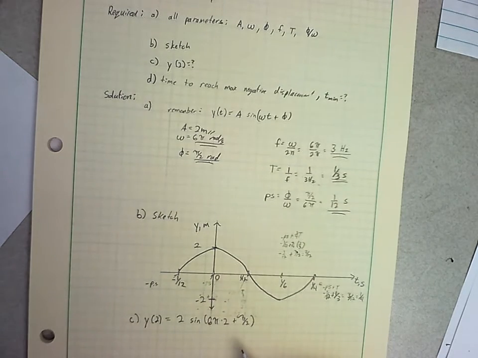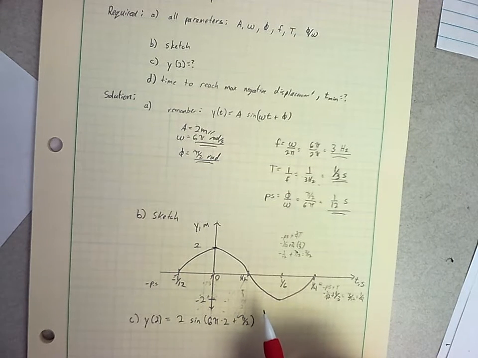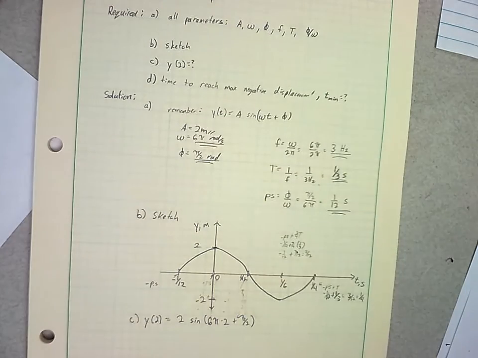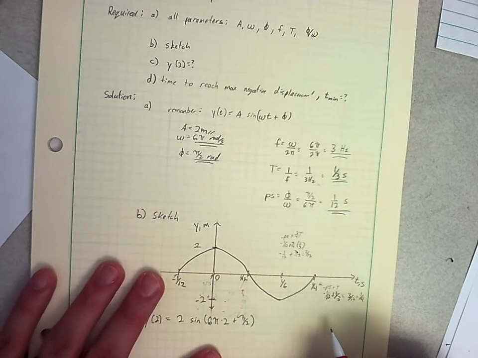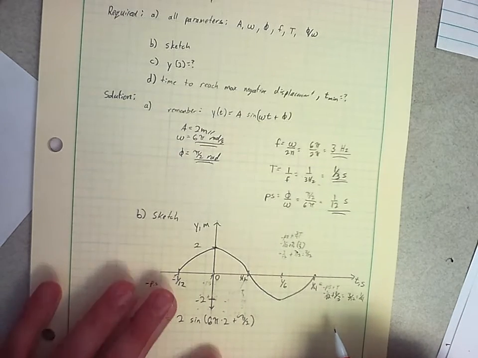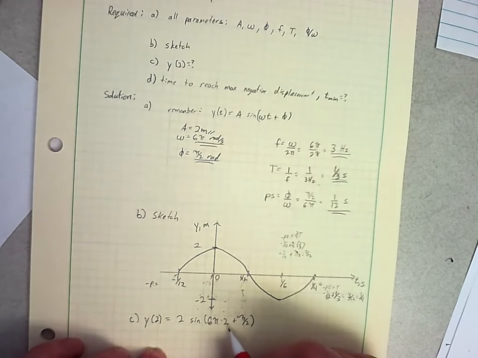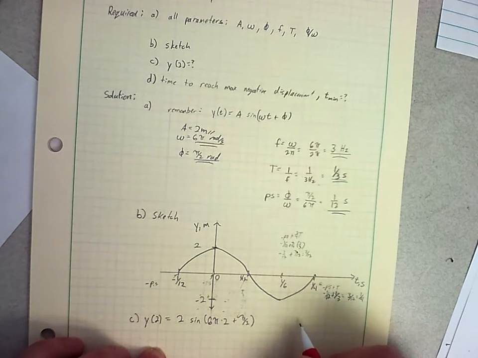Well, the easy thing to do there is we could just plug that into our calculator. But the other thing we should note on that is that anytime we have a multiple of 2 pi, we can get rid of it.